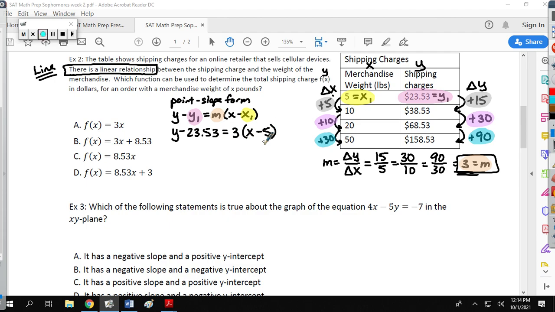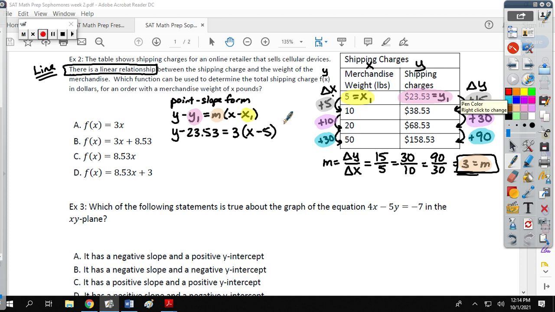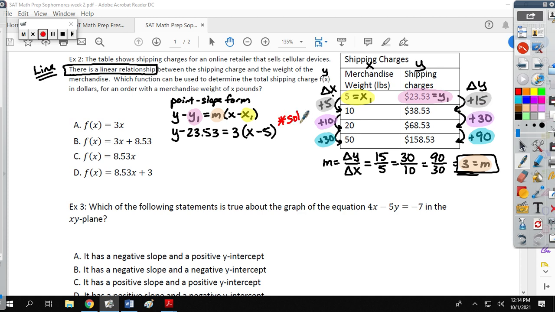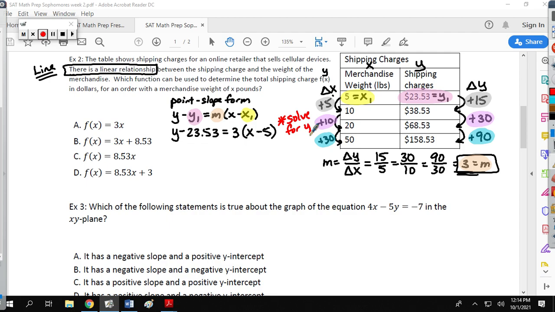Now all we need to do is take this equation and convert it into slope-intercept form, which means we need to solve for y. Okay, that will convert it from point slope into slope-intercept.